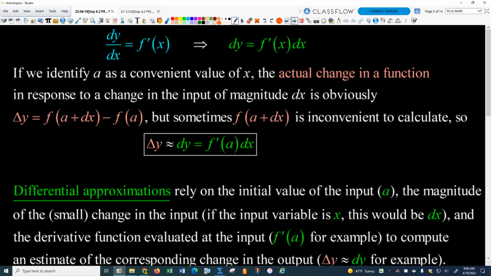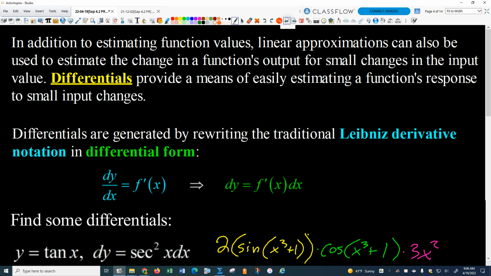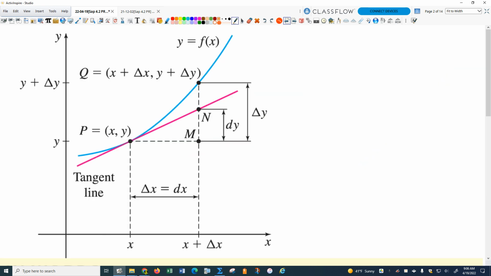It's the value of the function at a plus dx minus the starting value of the function at a. Let's go back to our picture, and we can see that. If I want to know how much the value of the function actually changed, I'm just going to take that function value minus that function value, that y value minus that y value. That's it, okay?